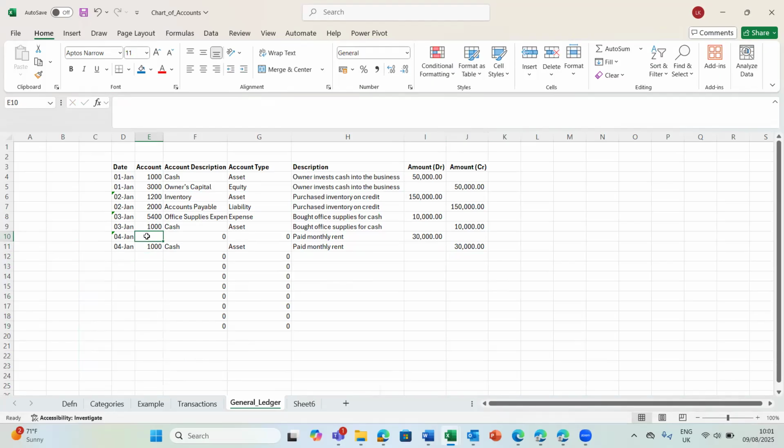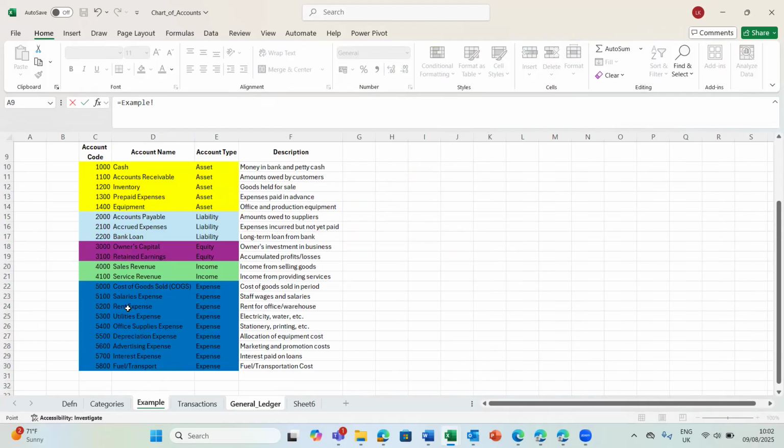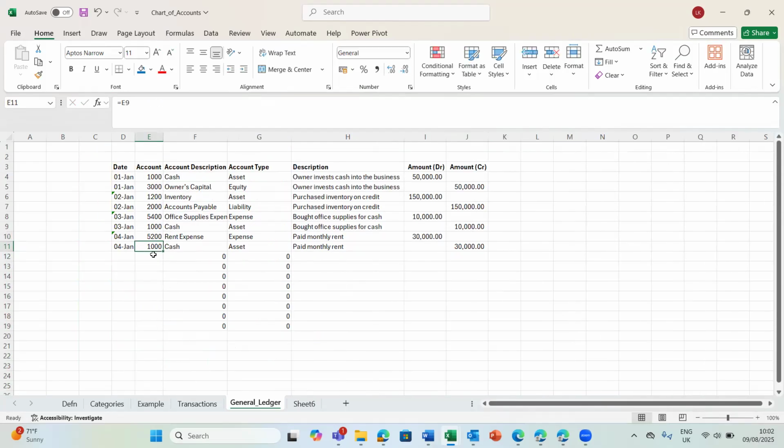So when we pay rent, we debit our expense, which is rent. So let's go to the chart of accounts and see where rent is. Rent expense 5,200. Right.